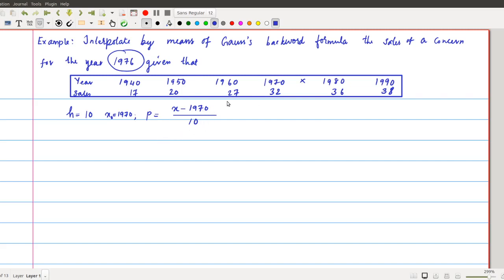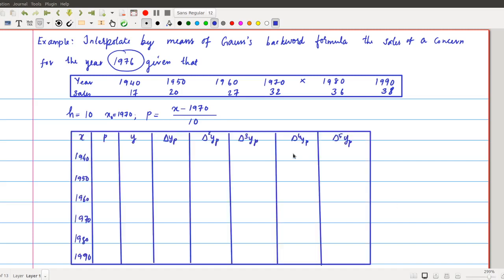This is our p, then we construct the table. These are the x values. Now we evaluate the p value for each of these x's, that is 1940 minus 1970 divided by 10 and so on.